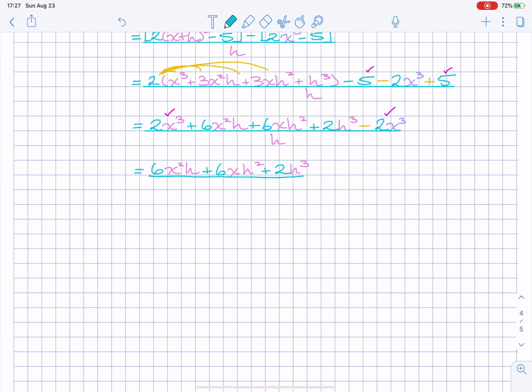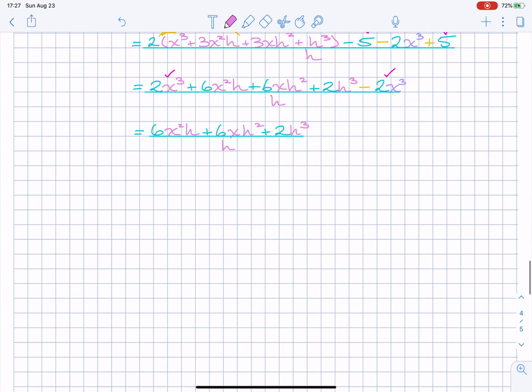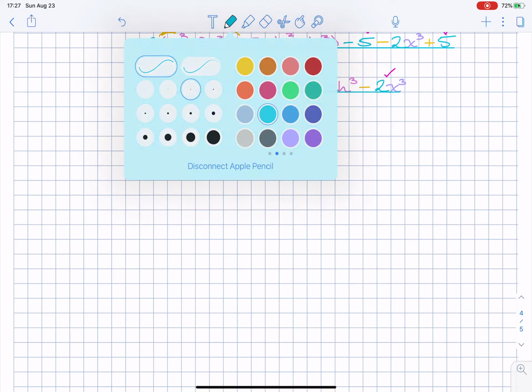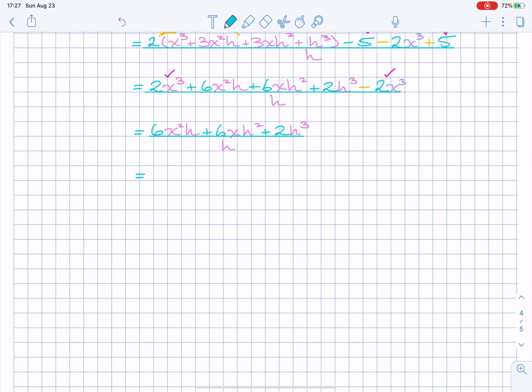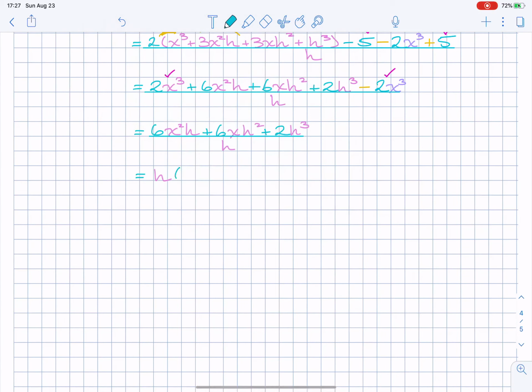So I can factor an h out of the numerator. So when I factor an h from the numerator, what remains from the first term is just a 6x squared. From the second term, a 6x and 1h.